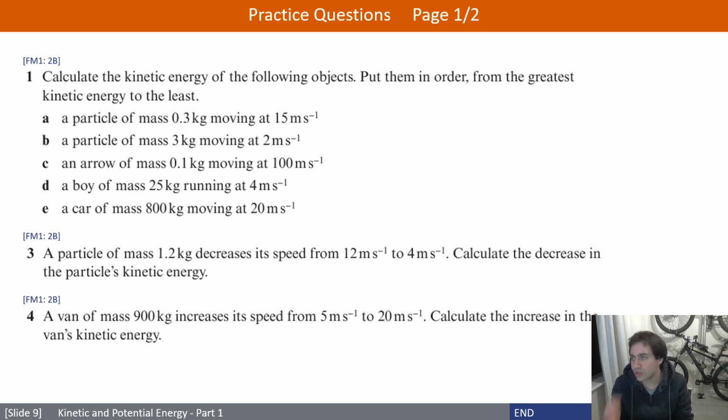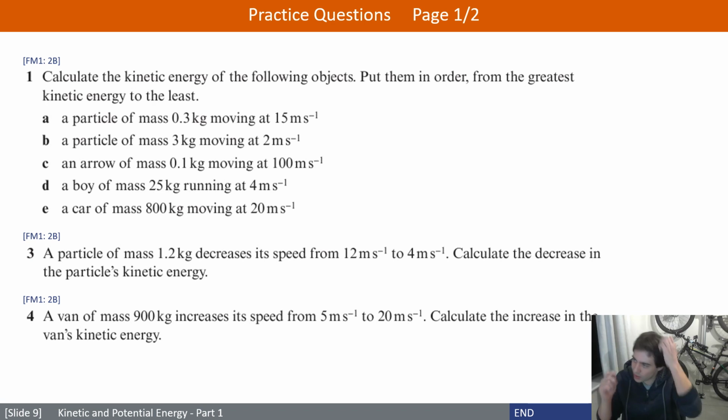These are all typical masses and typical speeds. I think it'd be quite interesting to do this, rank them, and get some intuition about what has more kinetic energy and what doesn't, because it might not be obvious to you at this stage, having not multiplied many masses by their velocities squared before.